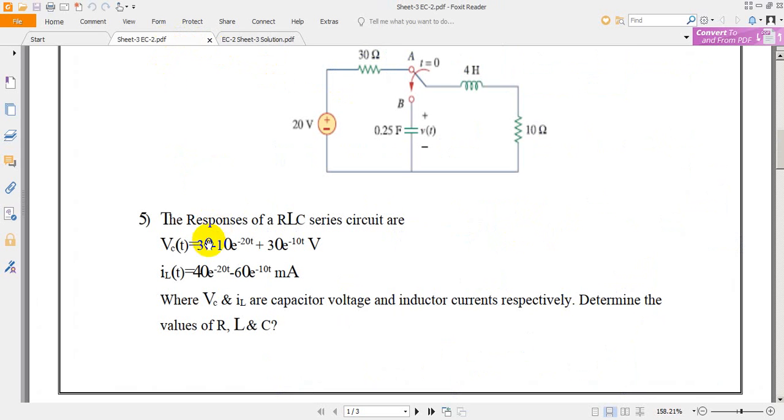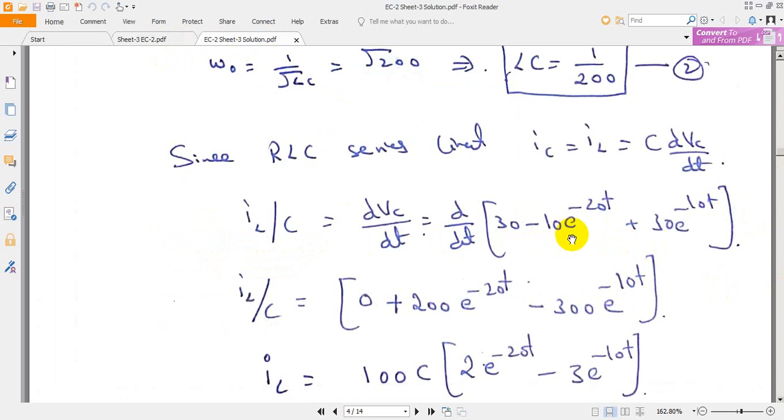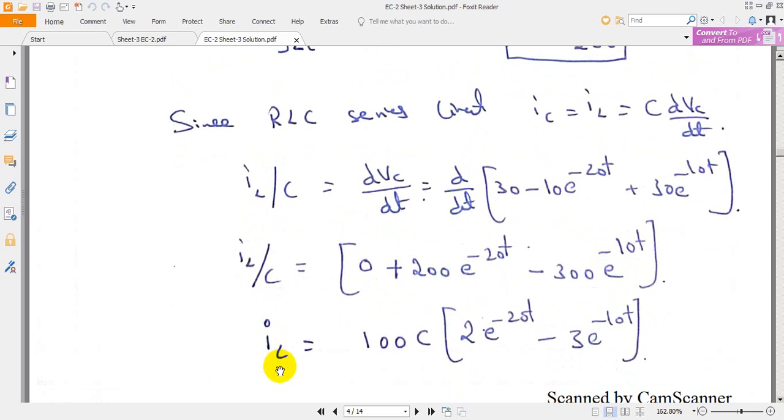See here, voltage across the capacitor is 30 minus 10 e power minus 20t plus 30 e power minus 10t. Now the differentiation of a constant will become 0, and it can be written as minus 10 e power minus 20t into minus 20, so it will become plus 200 e power minus 20t, and this will become plus 30 into minus 10 e power minus 10t, so it will be written as minus 300 e power minus 10t.